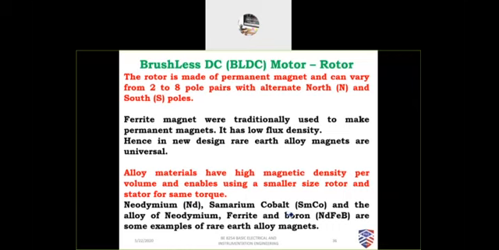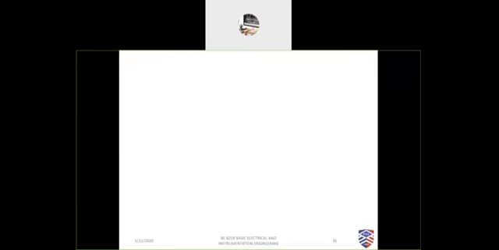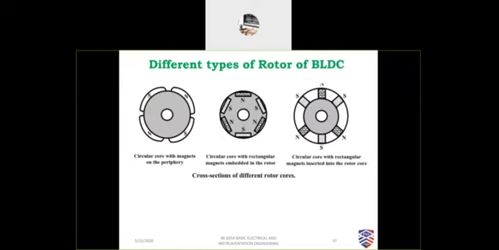Again, you can write this with a capital B. So rare earth magnets are used only because they have high density for a given volume. So this is available in the handout.